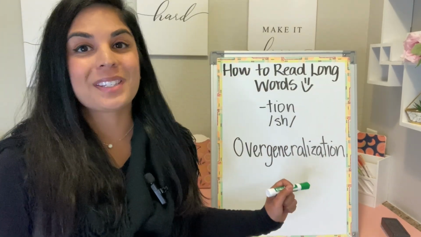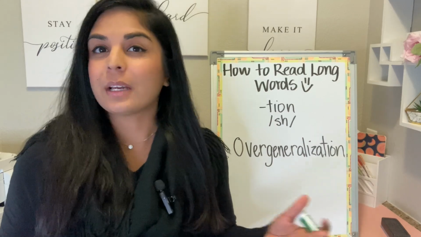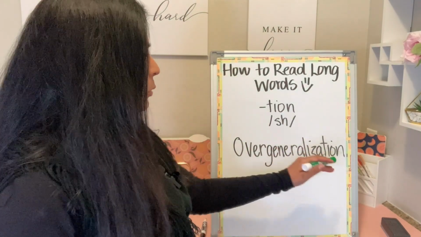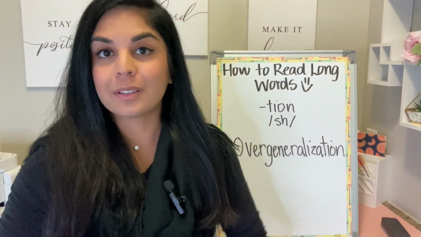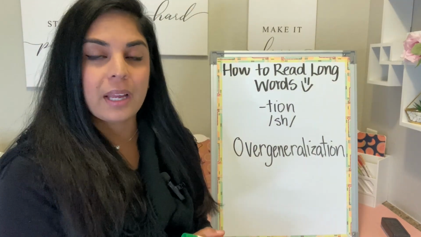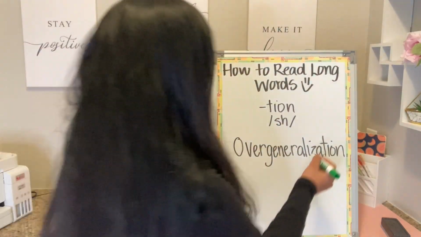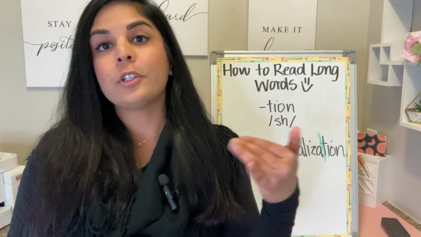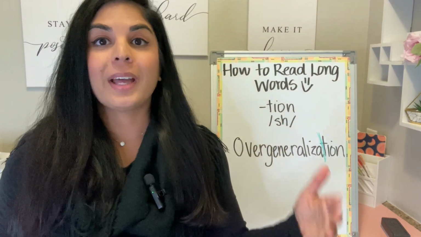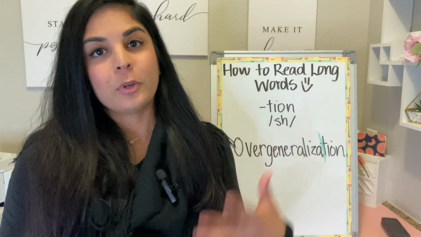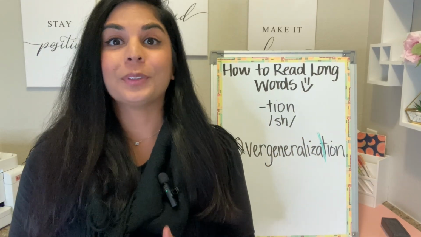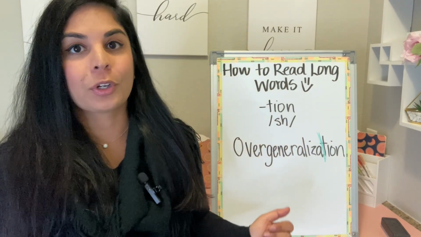So let's try it together. If I come across this word and I don't know how to read it and it's unfamiliar at first, at least if I recognize that it has that shun syllable at the end, I can draw a line to put that syllable by itself. Then I'm going to use my knowledge of syllables to break down the rest of the word. I'm going to use the rule that every syllable needs a vowel and break up this word accordingly.